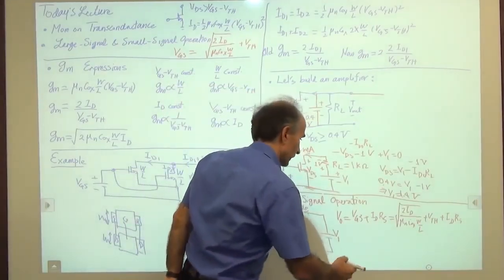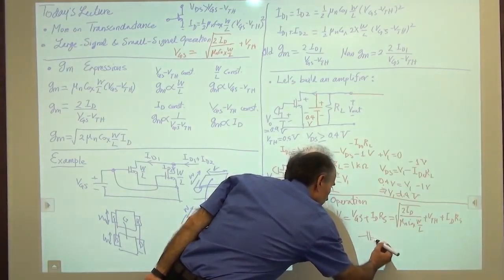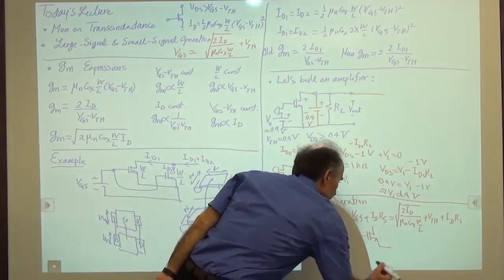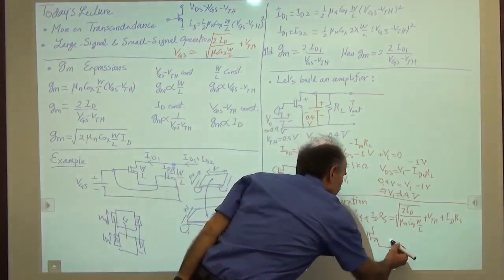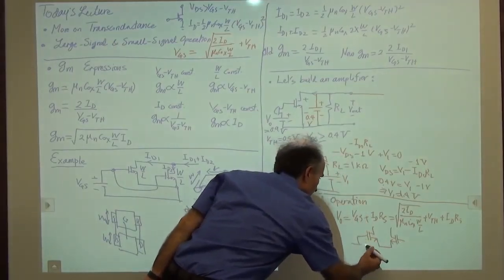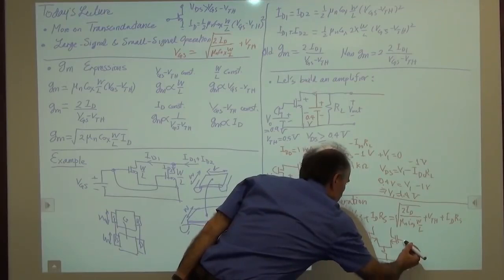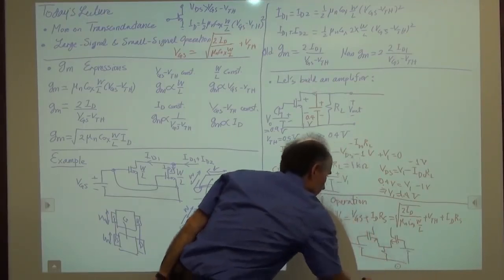Let's suppose that I give you something like this. I have one device like so, and then I have another device like so. I connect a battery from here to here, resistor from here to here, another battery from here to here.